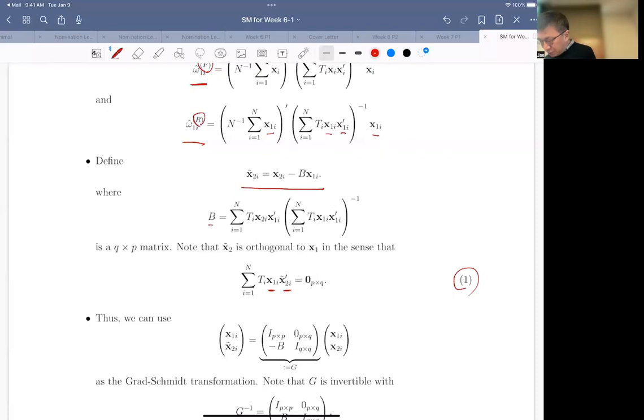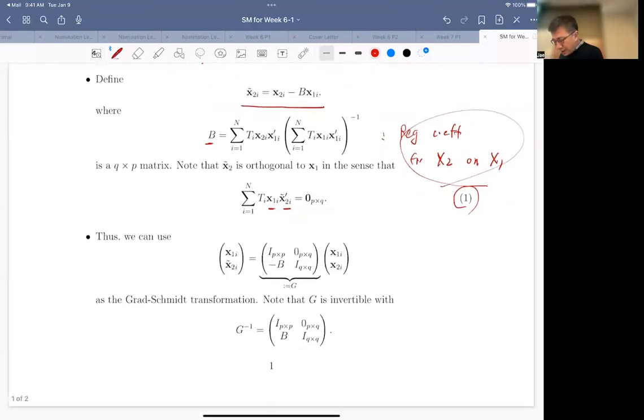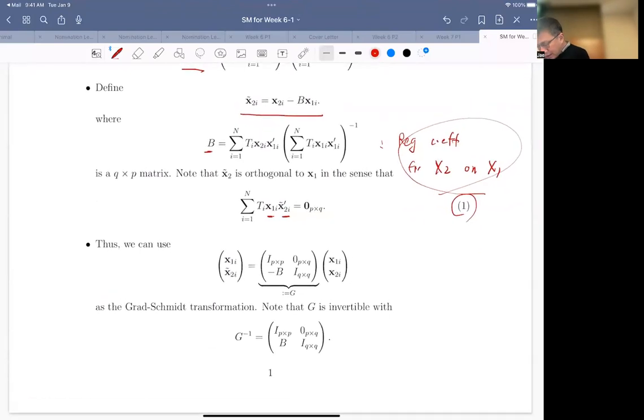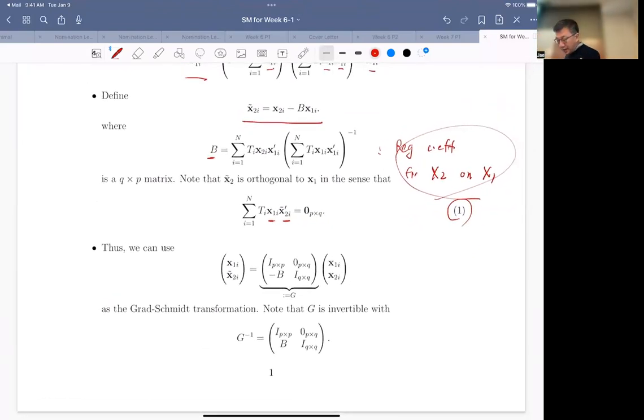So basically, if you look, this is a regression coefficient for the regression of X2 on X1, essentially. Okay, and then once you do that, you can consider a one-to-one transformation from the original X1, X2 to X1 and X2 tilde.